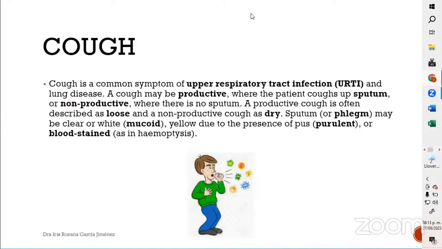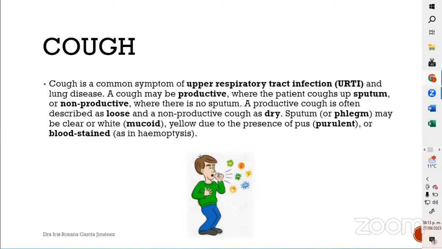Sputum or phlegm may be clear or white mucoid, yellow due to the presence of pus, purulent, or blood stain, as in hemoptysis. Okay, thank you so much.